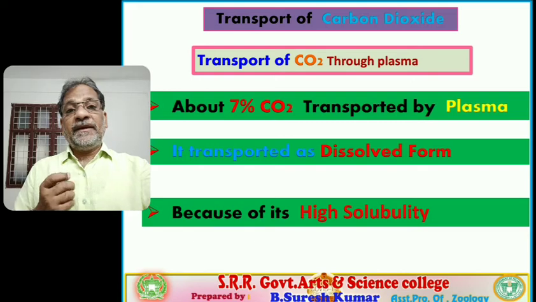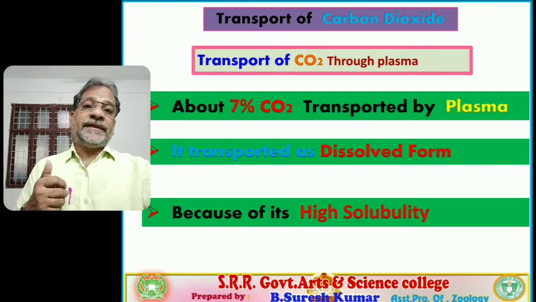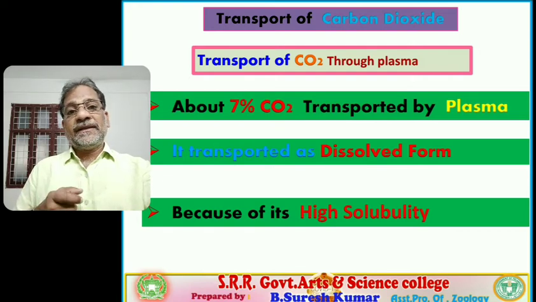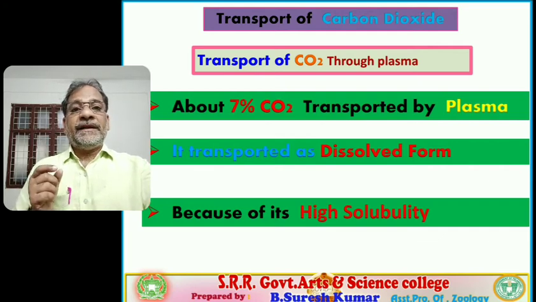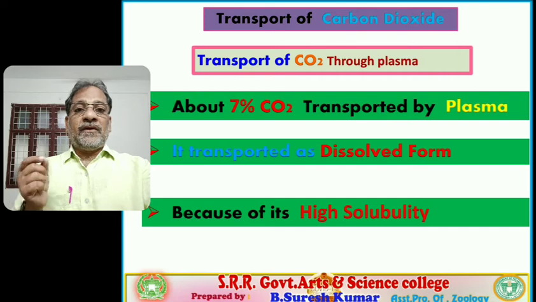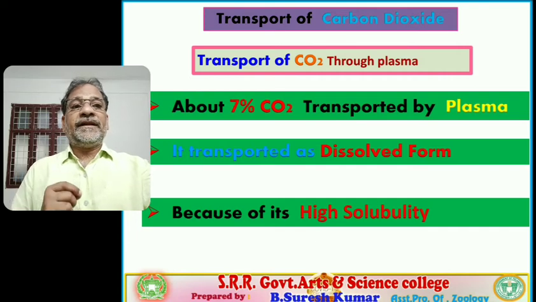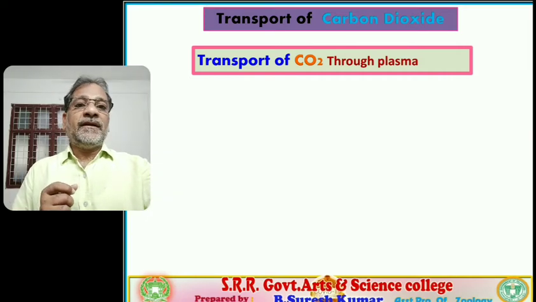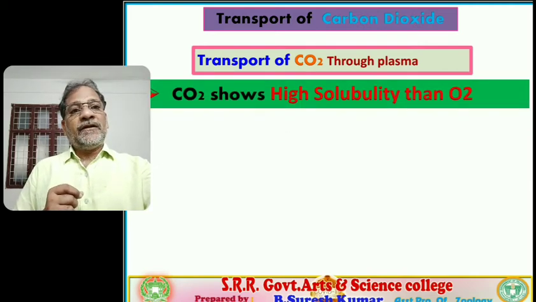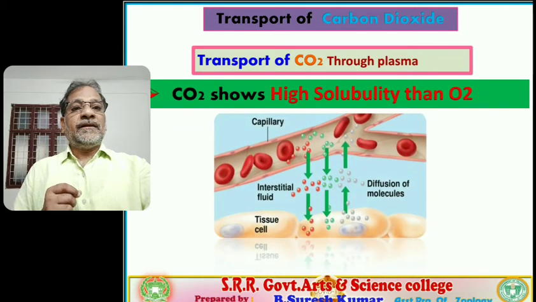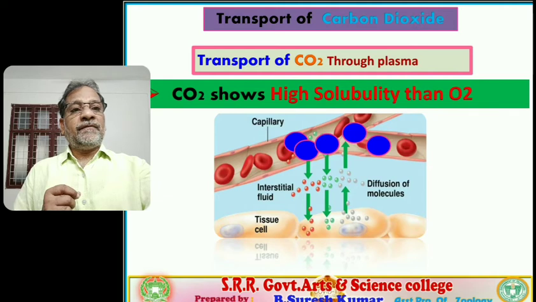If we observe the pH of the blood, oxygenated blood present in arteries and deoxygenated venous blood, comparatively the pH value of deoxygenated blood is lower than oxygenated blood. Why? Let us see. Carbon dioxide shows higher solubility than oxygen. You observe the carbon dioxide molecule diffuses into plasma.